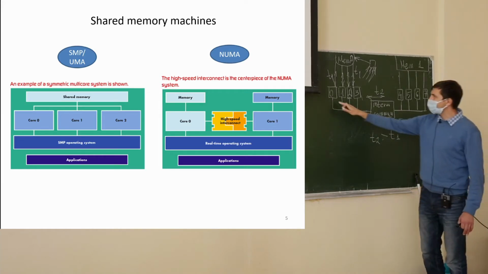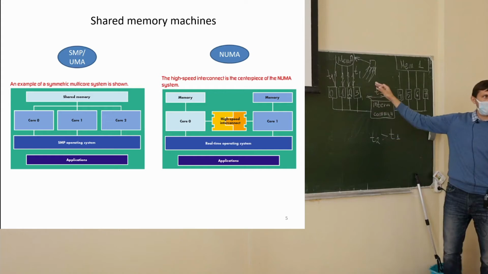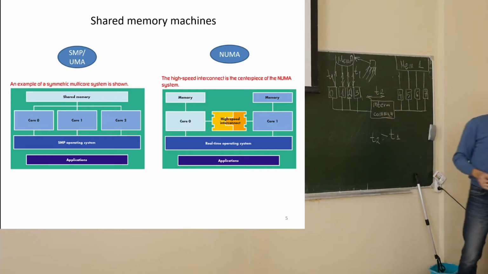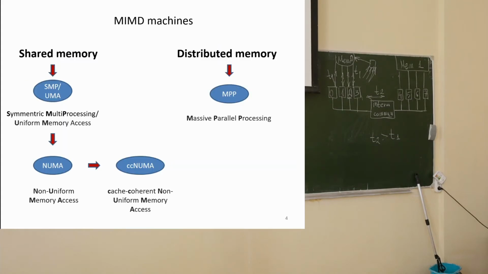For example, this core does not know about another core. What are they doing with this cell? This is the cache coherence problem, and you can solve this problem using hardware, and such a machine is called a cache coherent non-uniform memory access machine, or you can solve this problem using software.